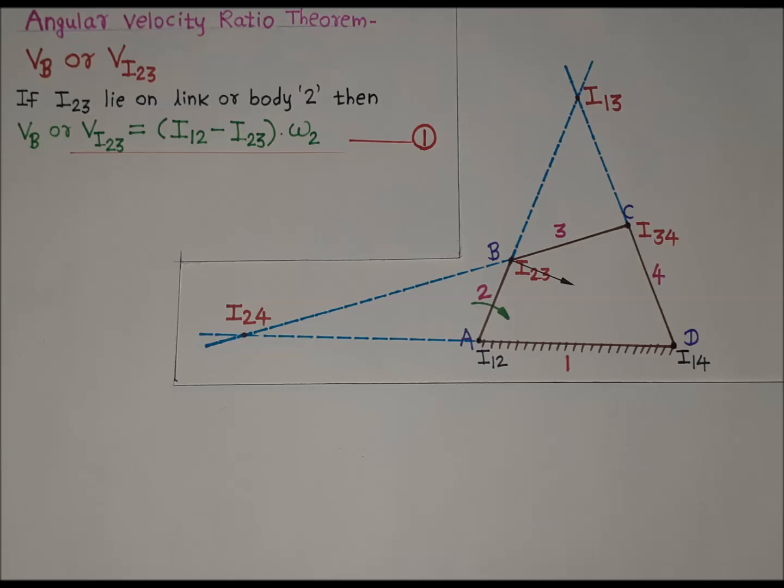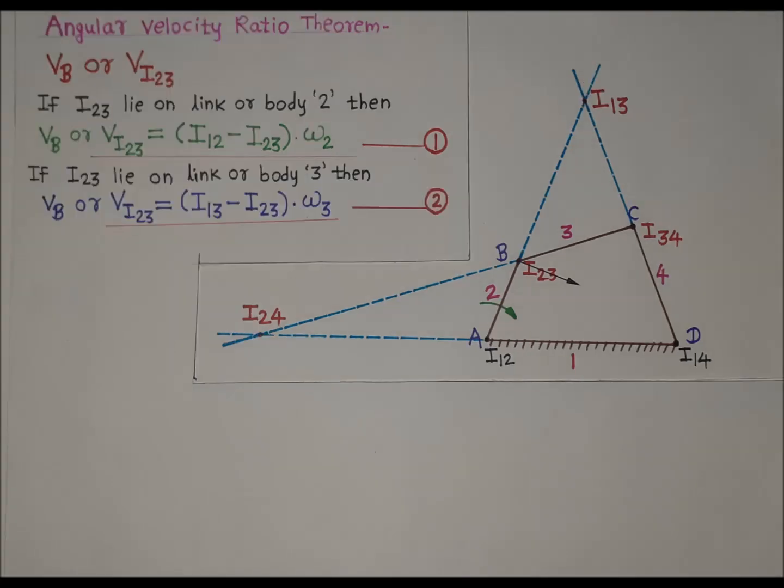Let us say this is equation 1, and VB or VI23 will be in direction perpendicular to I12 I23, or perpendicular to AB, as shown on the screen. If I23 lies on link 3 or body 3, then VB or VI23 will be equal to I13 I23 into omega 3.